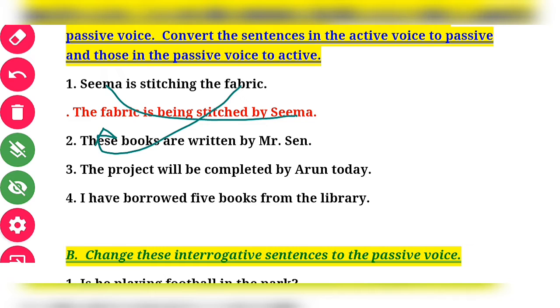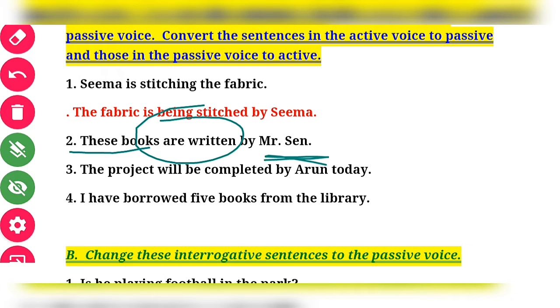Now, on the basis of this explanation, I hope you will try to find your answer yourself. So, these books are written by Mr. Sen. Very simple: here the subject is these books, are written is the verb, and Mr. Sen is the object here.